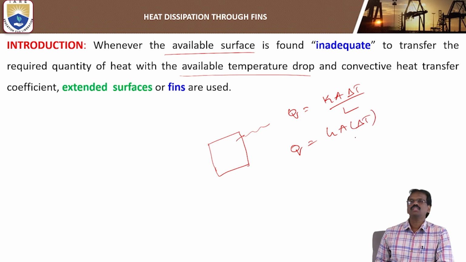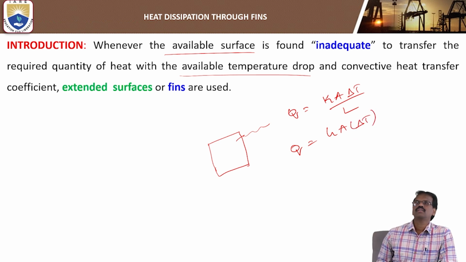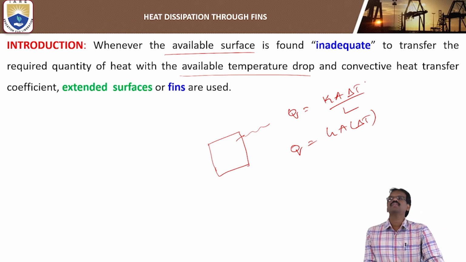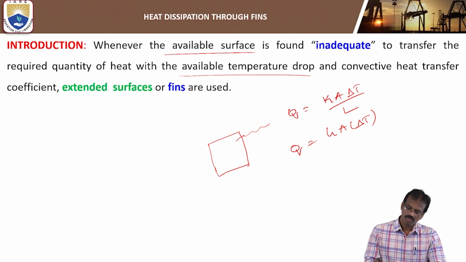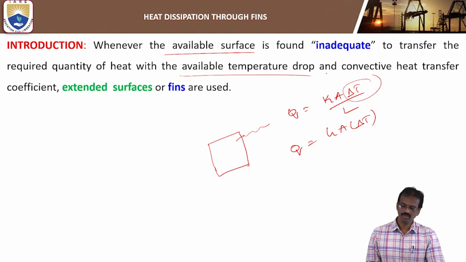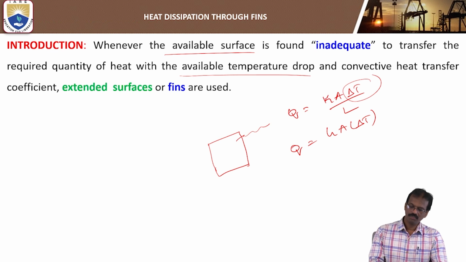In this case, the heat transfer is between the engine and the atmospheric air. We cannot influence the atmospheric temperature, so we cannot change the temperature difference. Thermal conductivity k is a property of the material, so we can't change it.